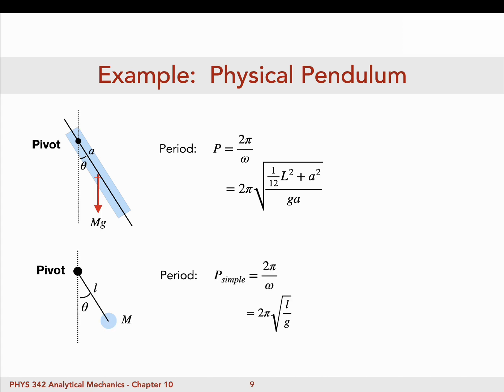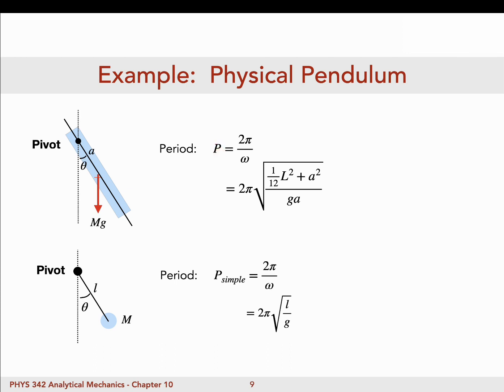Remember that the period of a simple pendulum is 2 pi square root of L over g. So what we want to do is find the length of our simple pendulum L so that it has the same frequency as this one up here.